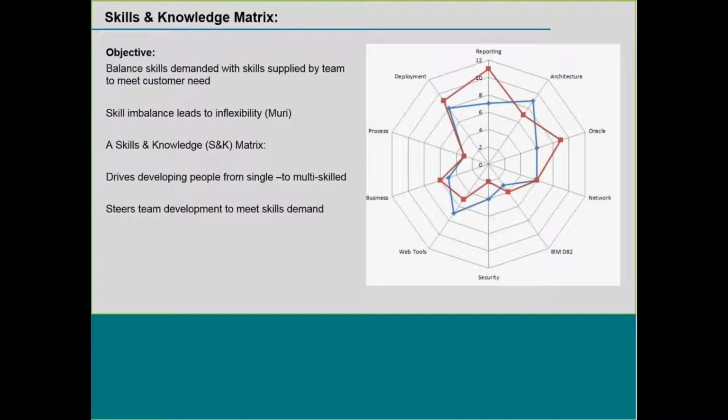Now let's talk about skills and knowledge. So we have a lot of different skills in IT. We have different levels of skills within IT as well. If you're talking service desk, for example, different people are capable of doing different things. Now, when we're looking at designing a project, we can look at the skills and knowledge matrix from two different angles.